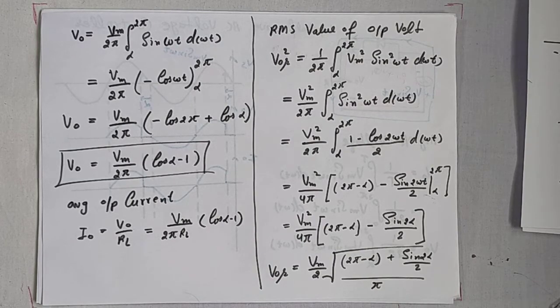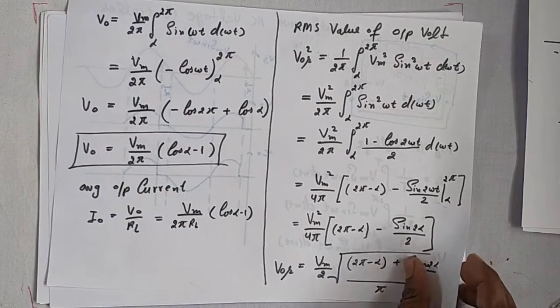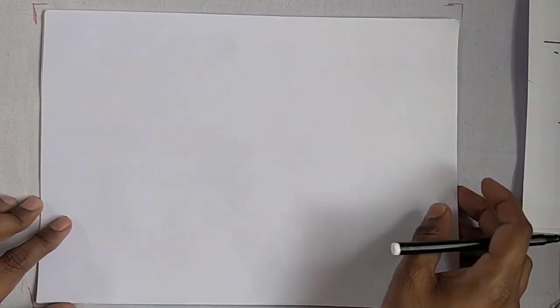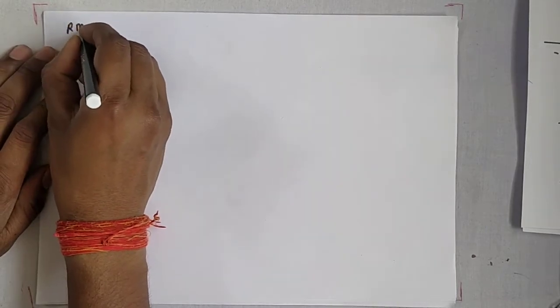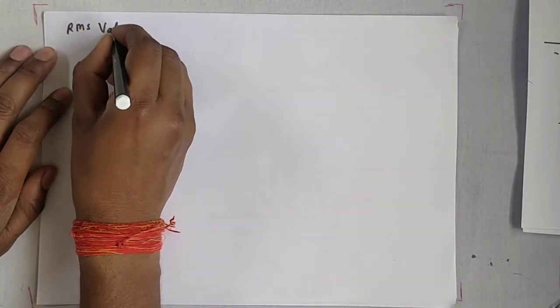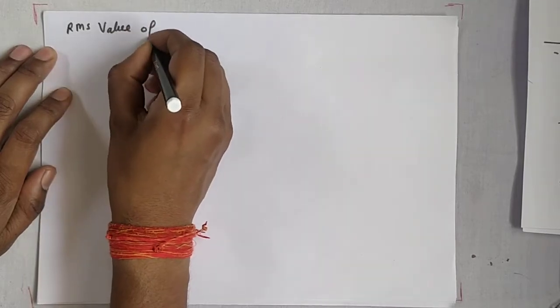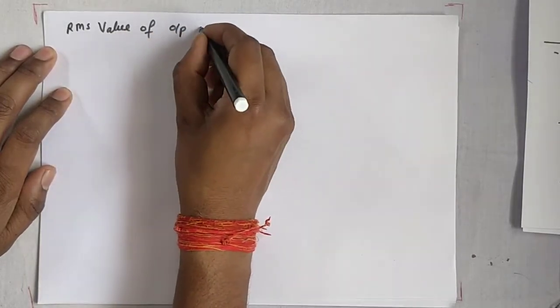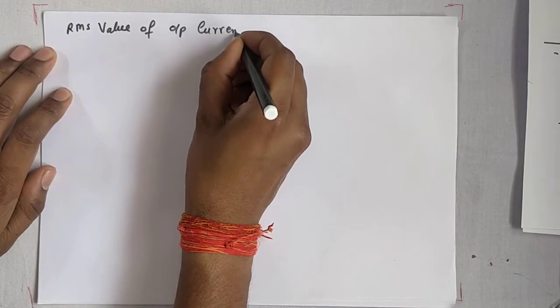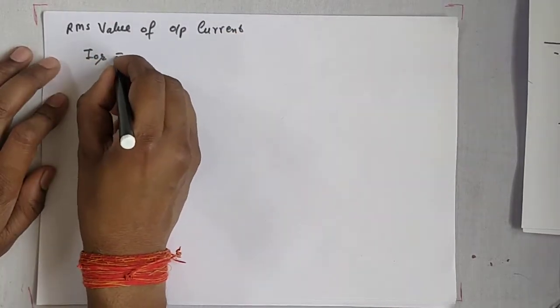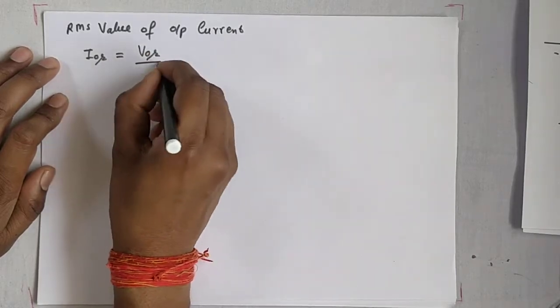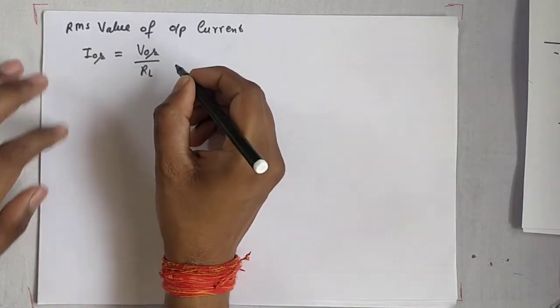Now let's find the RMS value of output current, IOR. IOR equals VOR divided by RL.